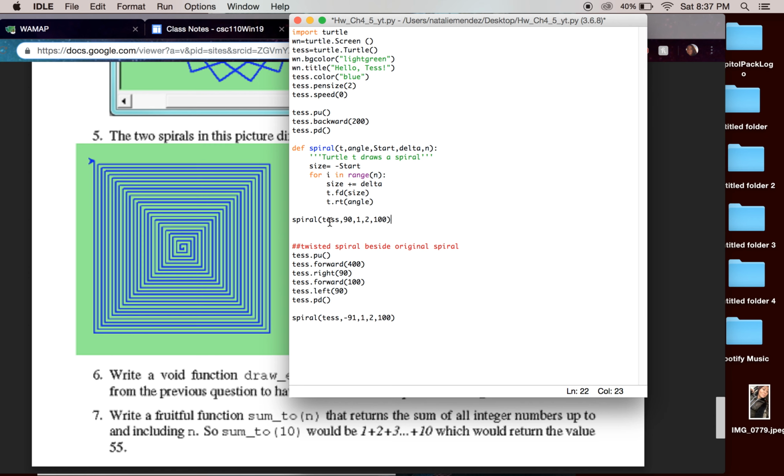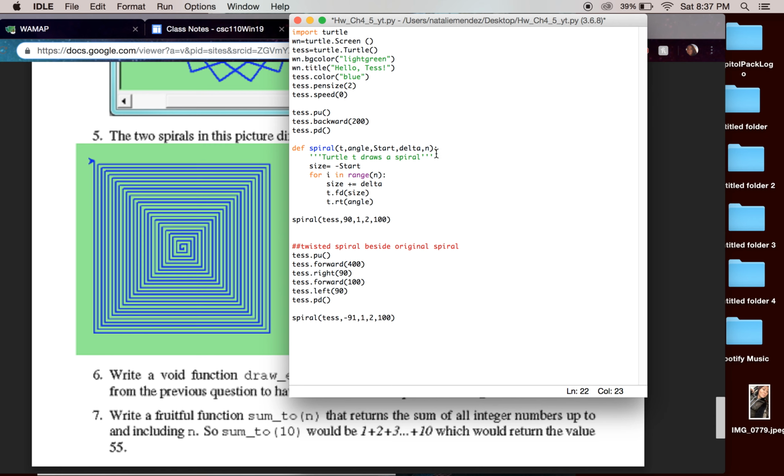So I assigned the turtle to Tess. We're making 90-degree angles. We're starting at 1, and then we're buffering out a value of 2 units to make just those tight spirals.